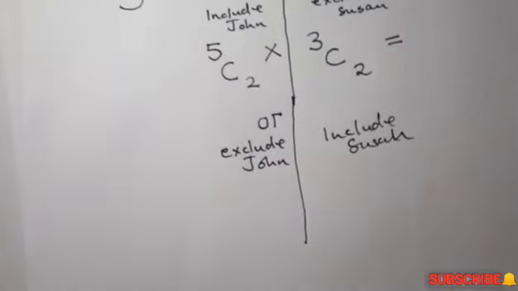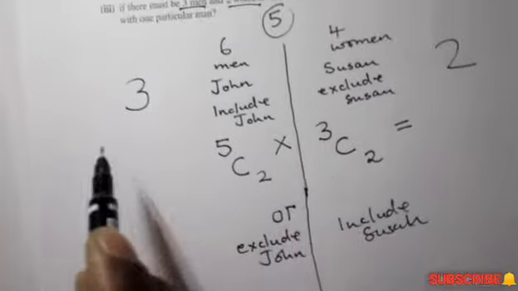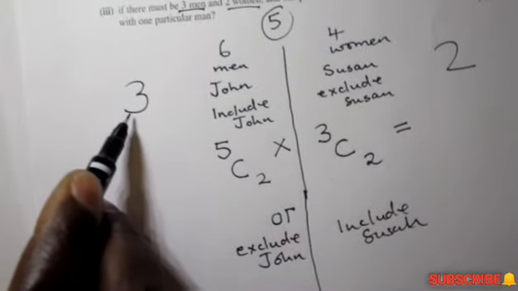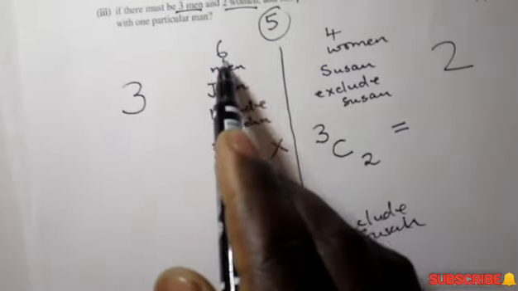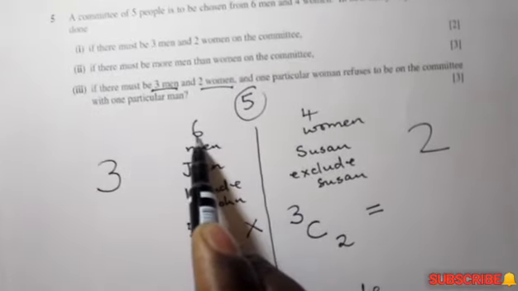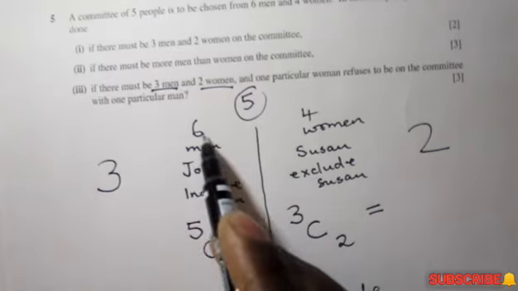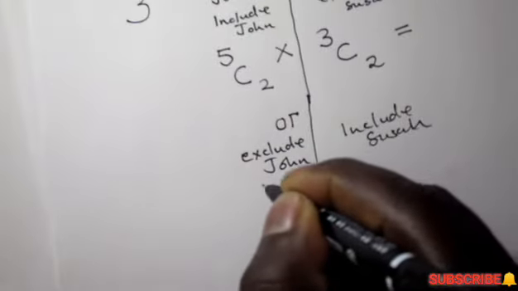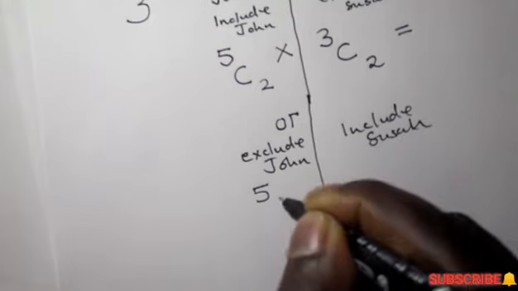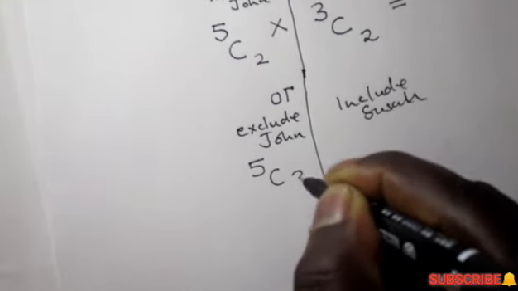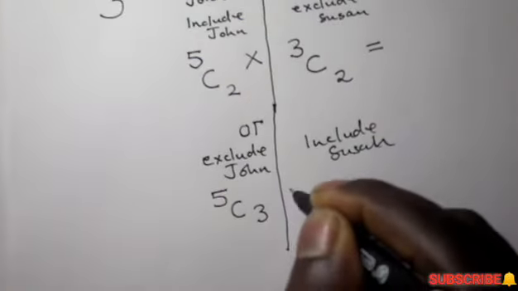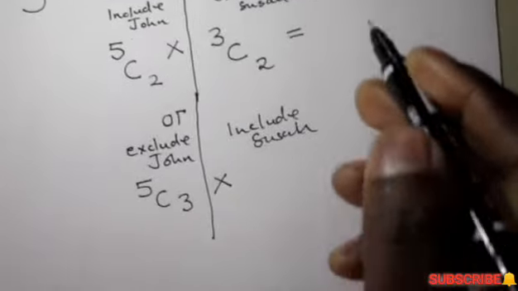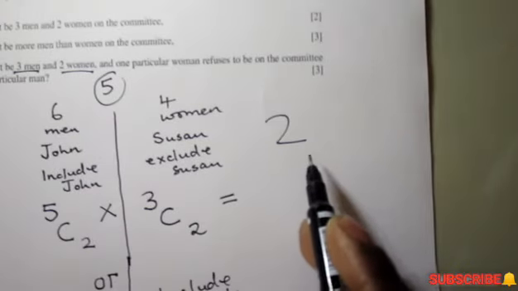If we exclude John, it means we are now choosing from the, we need how many? 3 men, but we are now choosing from 5. Since John is excluded, 6 minus 1, you have 5 men left to be chosen. Then from the 5 men, we choose the 3 this time around. Why? Because John is not a part of the committee. Right, then to include Susan, remember we need 2 ladies, 2 female figures.